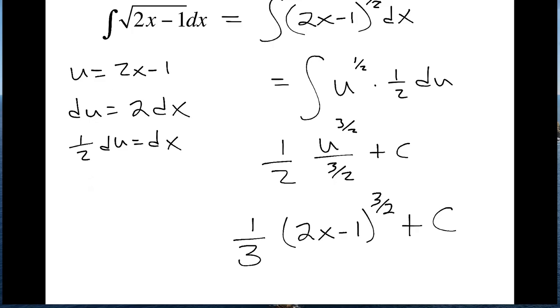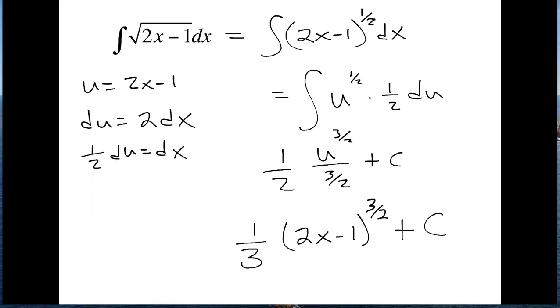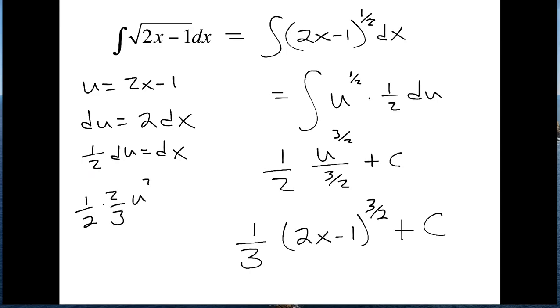And that's because I'd be multiplying by 2/3, and the 2's would go away, and I just have that. So if you're missing that one, check the intermediate step in there. The intermediate step would be 1/2 2/3 u to the 3/2 plus c, and notice those go away, and that's how we get to here. So if you're following the arrows, that's what we would do.